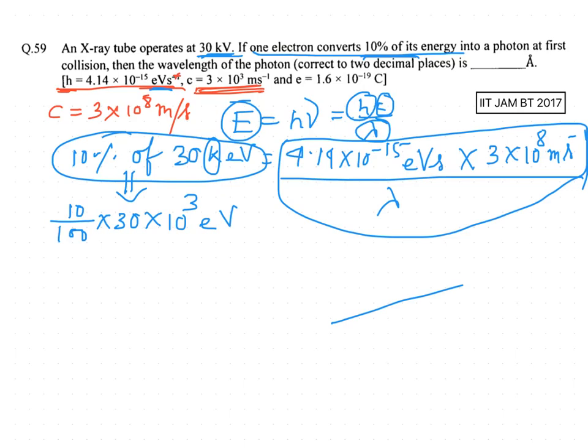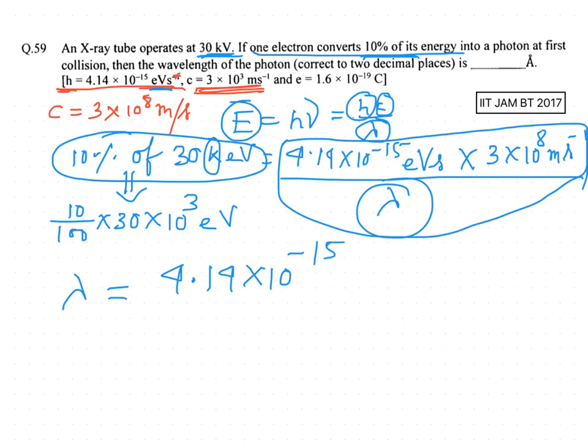Now if we calculate lambda, it is equal to 4.14 times 10 to the power minus 15.